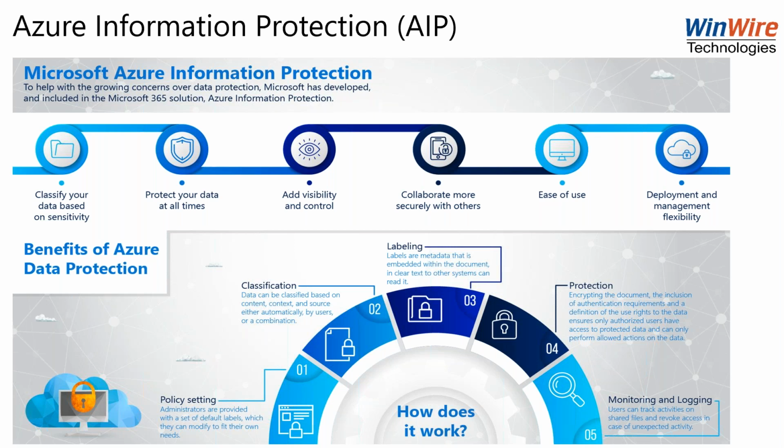Then the last step is probably monitoring and logging. Okay, so you have defined the policies, you have defined the labels, but how many exceptions am I seeing on a daily basis? Someone trying to share protected data to an external customer or a supplier, which they ideally should not be doing, right? So you start doing monitoring and logging.